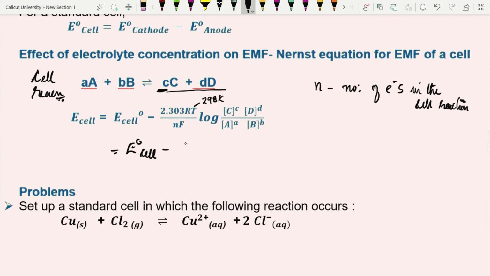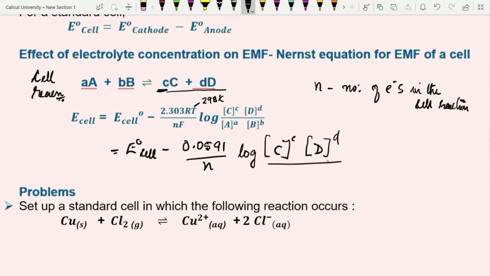So, substituting all that, I get 0.0591 divided by n, log of the molar concentration of C raised to c times the molar concentration of D raised to d, whole divided by the molar concentration of A raised to a times the molar concentration of B raised to b. So, you write the cell reaction, and then you can write down the Nernst equation for any cell reaction.